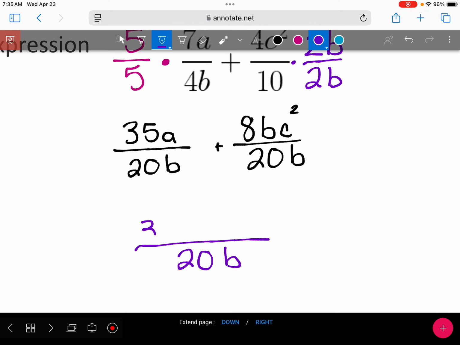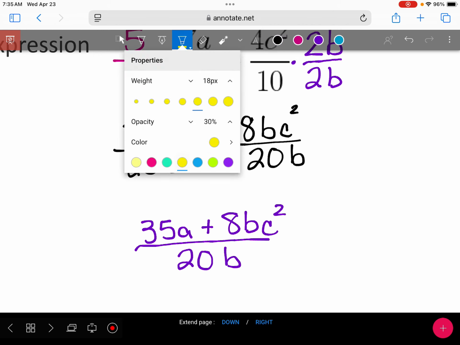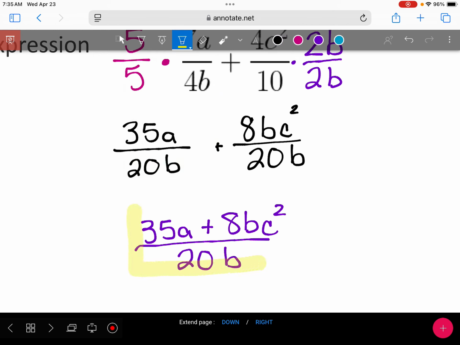And we're going to have our 35a plus 8bc squared, or c squared b. Can I combine those together? No. Are there any common factors I can take out between every piece that's up here? No. Sadly. So that means there's no simplifying we need to do, which means that's our answer. This guy right here.